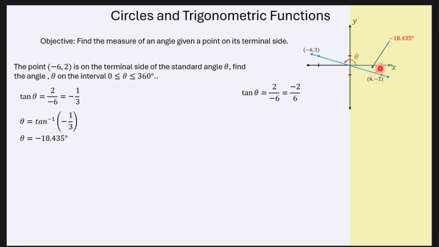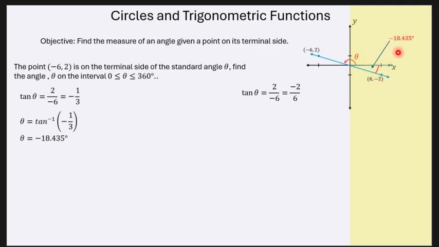Both of these angles, this negative angle and the angle I'm looking for, have the same tangent. But because the angle I'm looking for is in the second quadrant, I know I have to modify the answer that the calculator is giving me. How do I modify it? Well, you'll notice that those angles are on the same straight line. They're 180 degrees off from each other.